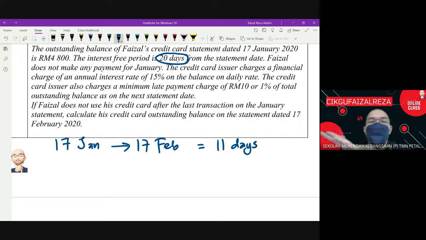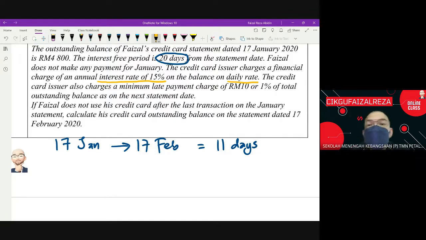We are going to find how many days because the interest rate is on a daily basis. How do I find the interest?